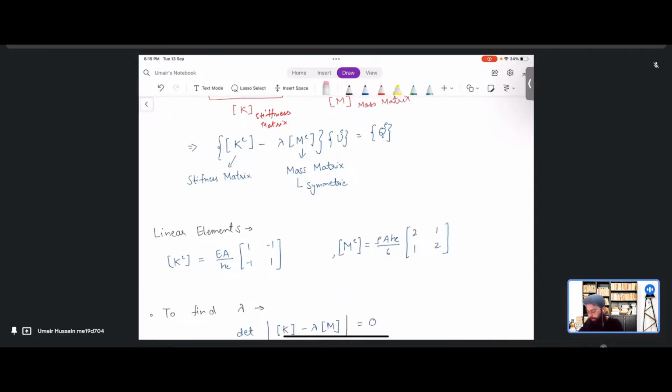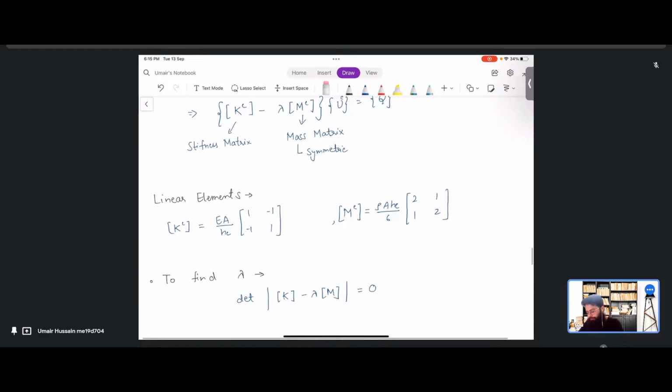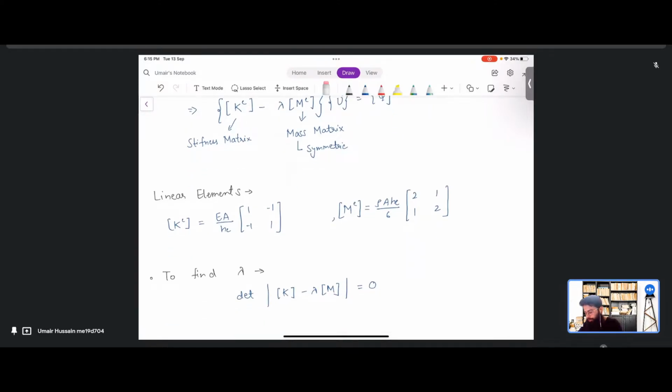So for a linear 1D element, we already know that the stiffness matrix looks like this, and the mass matrix looks like this.